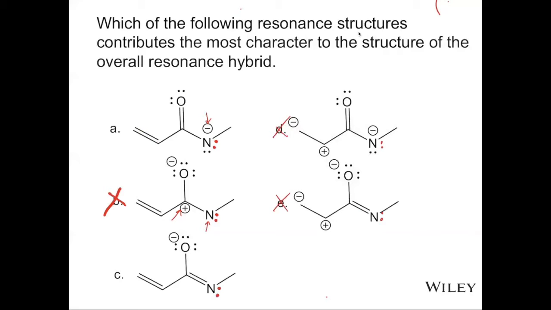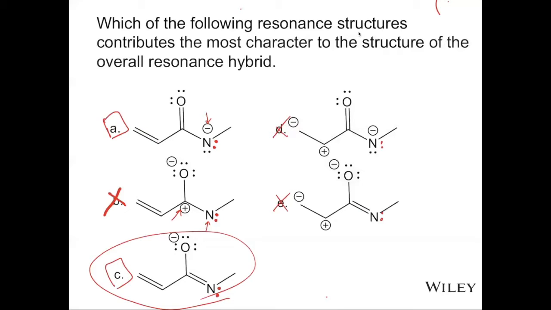And then if we look at answer C, we have everything has an octet and oxygen has a negative charge. And so if we compare A and C, with nitrogen being negative in A and oxygen being negative in C, the answer is in fact the letter C, where oxygen carries the negative charge and everything has an octet.